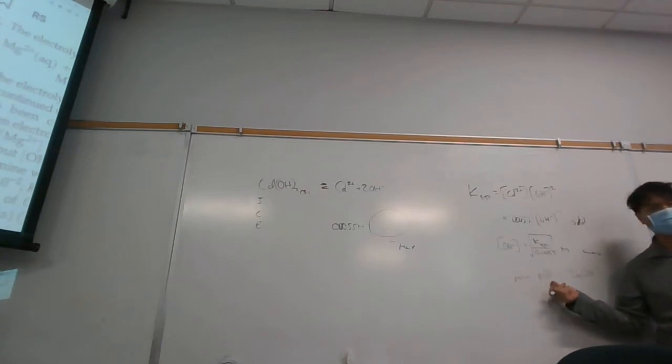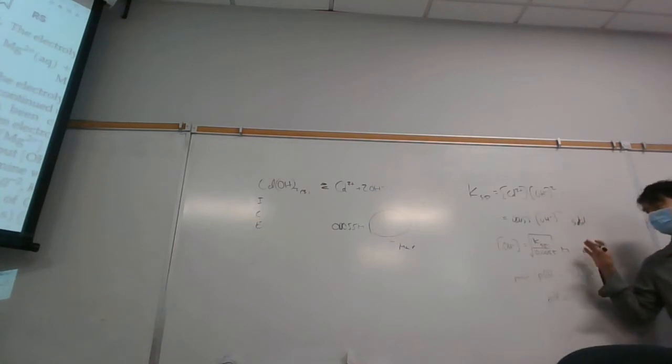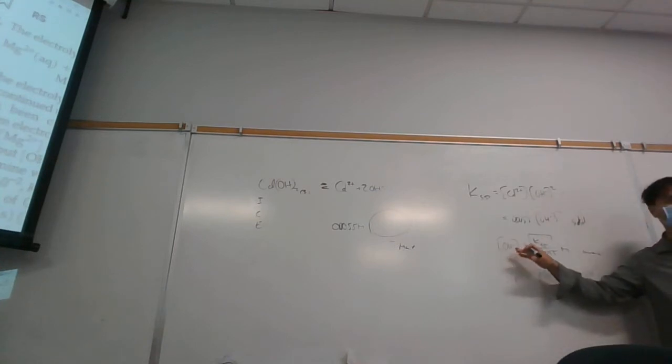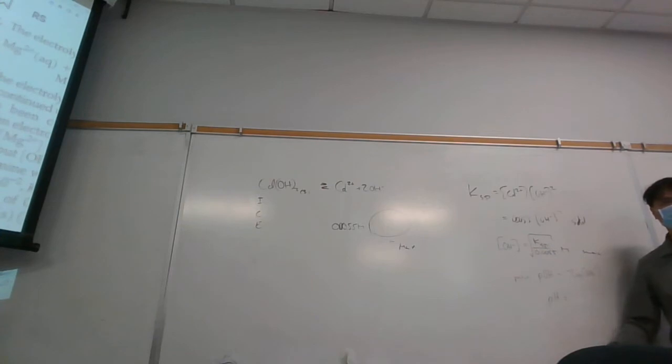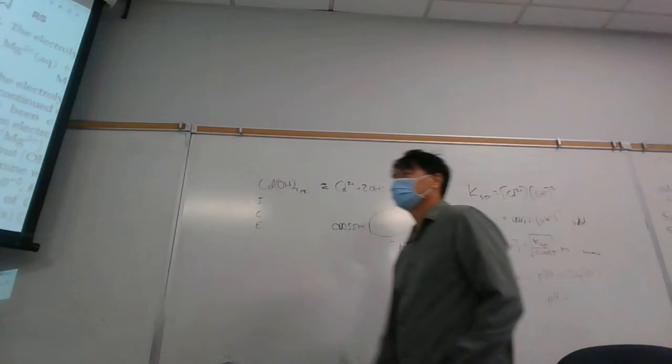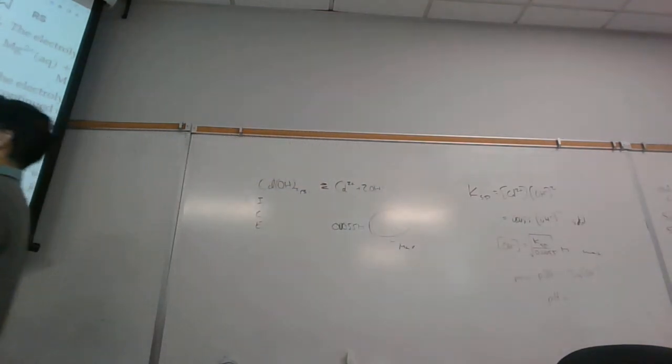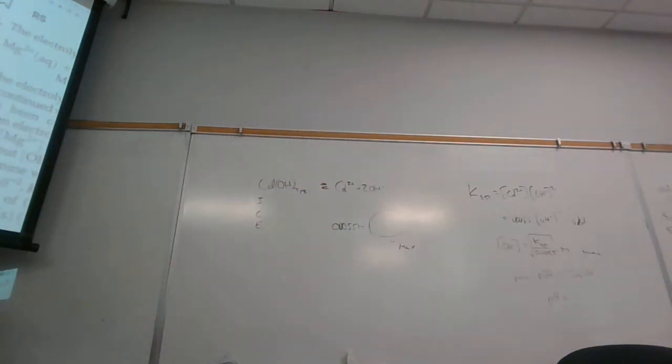We can't get smaller than this pOH. If we go smaller than this pOH, then the hydroxide grows bigger and it precipitates. And so there's a problem with the phrasing here. Maybe I didn't notice this earlier. Maybe I did. It shouldn't say minimum, it should say maximum.